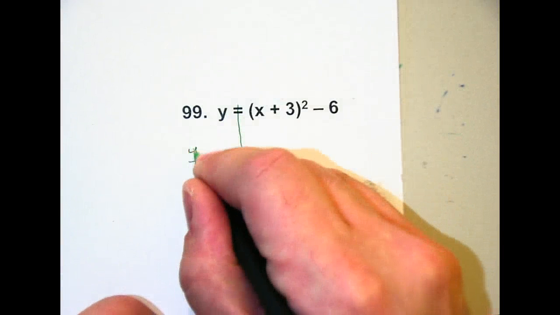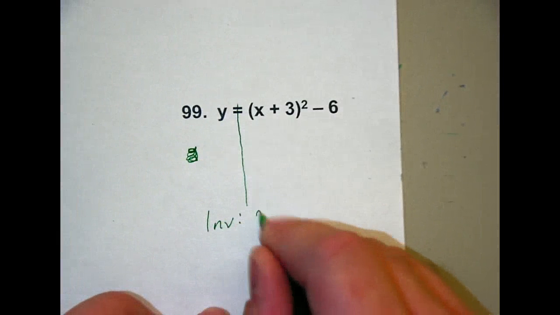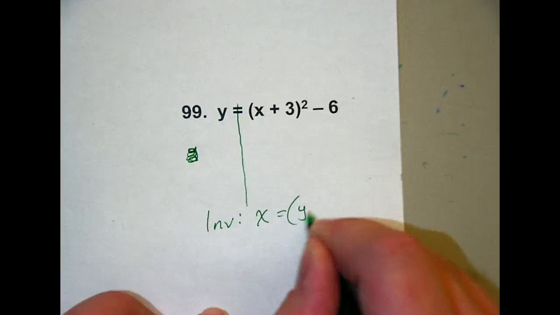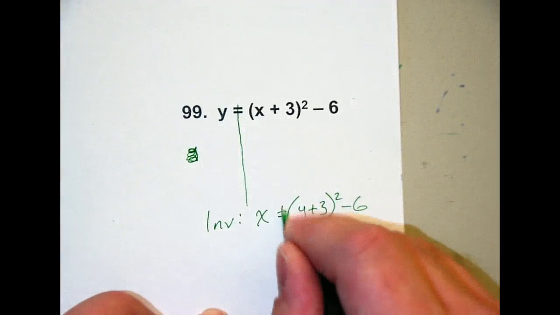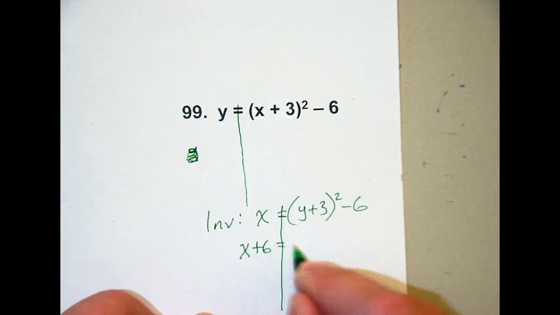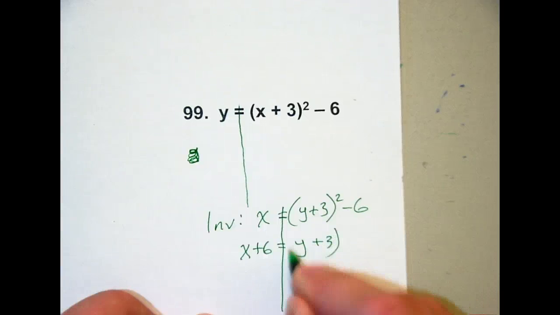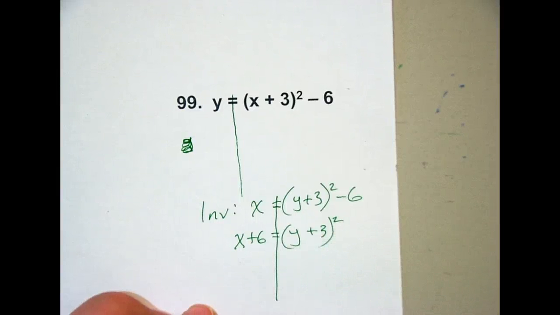Oops, I guess we should switch it around, right? Let's do inverse. Okay, so inverse would be x equals y plus 3 squared minus 6. All right, now we will add the 6. So x plus 6 equals y plus 3 quantity squared. Now, do I deal with the 3, so the parentheses, or the exponents if we're going in reverse?